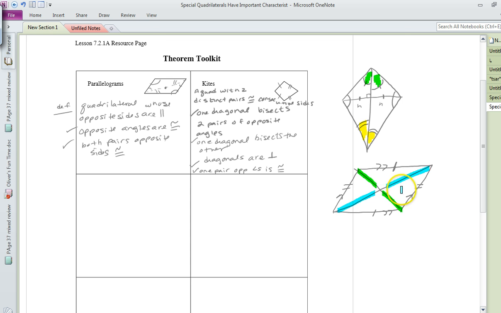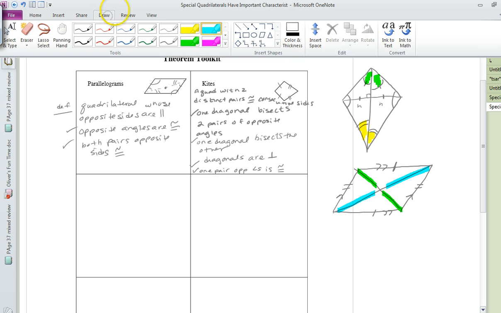If I were able to show this triangle was congruent to this one, then I'd have the green piece and I'd have the blue piece. So let's go ahead and give that a try.